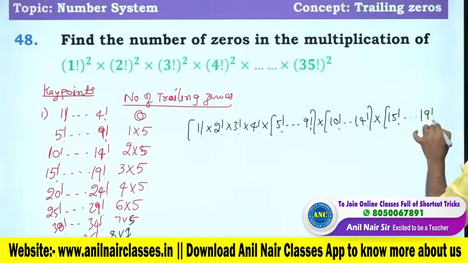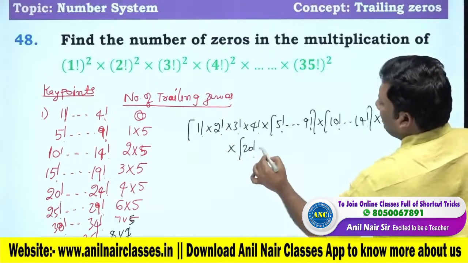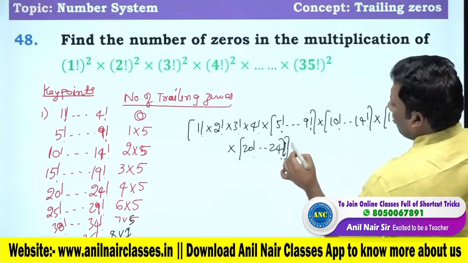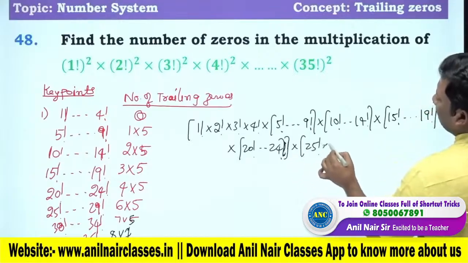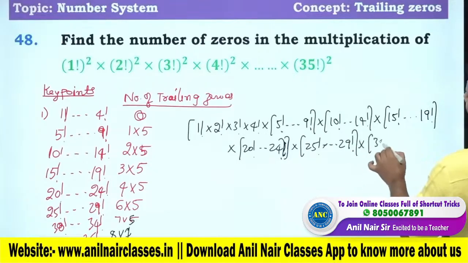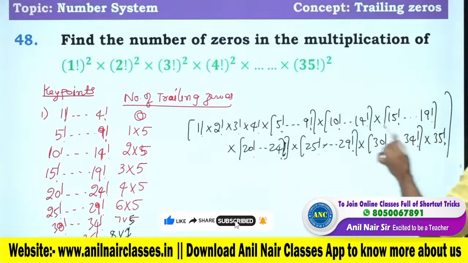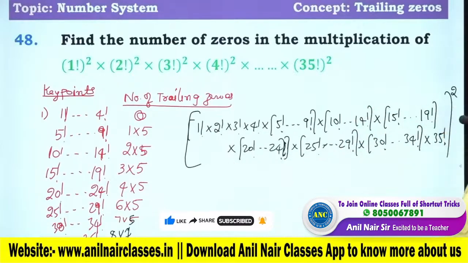Into 15 factorial till 19 factorial, 20 factorial till 24 factorial, into 25 factorial till 29 factorial, into 30 factorial till 34 factorial, into 35 factorial. Whole square, the question is given.